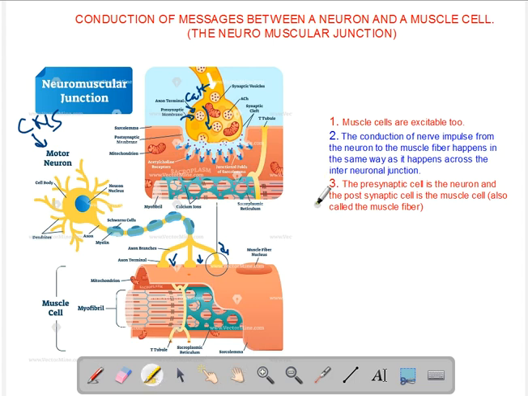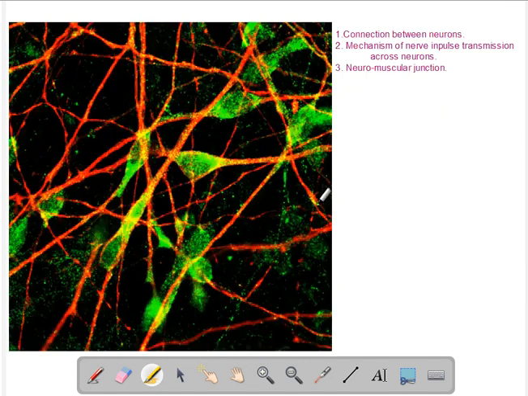So I hope in this particular session you were able to understand these three objectives: how the neurons are connected to each other, whether they are connected physically or not, the mechanism of nerve impulse transmission across the neuron, and also what a neuromuscular junction is, and how a neuron transmits its nerve impulse to the muscles.